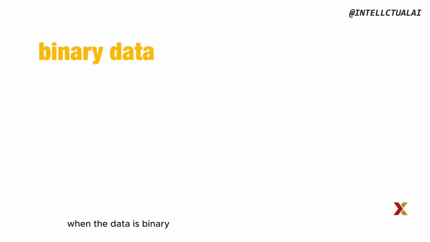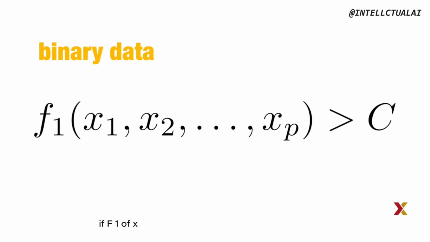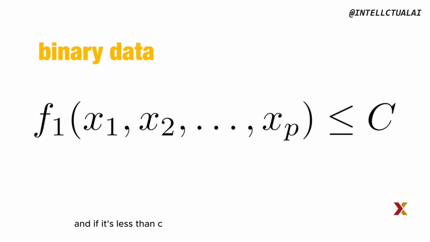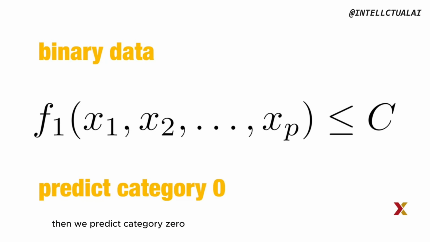When the data is binary, a typical decision rule looks like this. If f1 of x1 through xp is bigger than some predefined constant c, we predict category 1. And if it's less than c, then we predict category 0. Because the outcomes are categorical, our predictions will be either right or wrong.